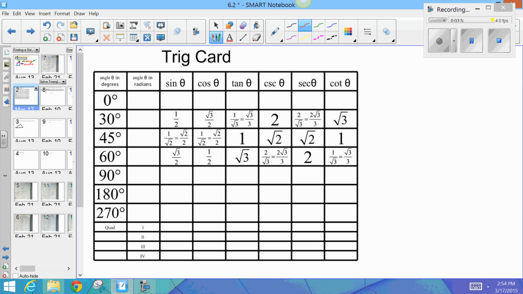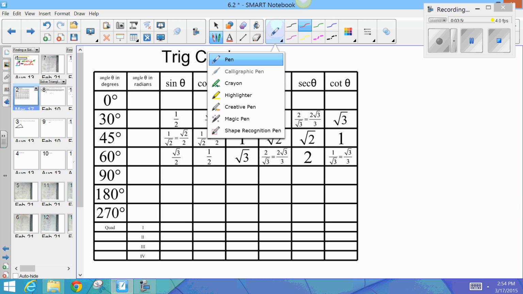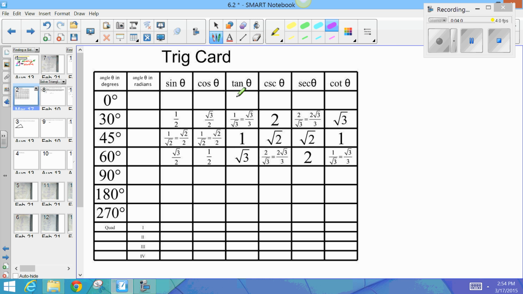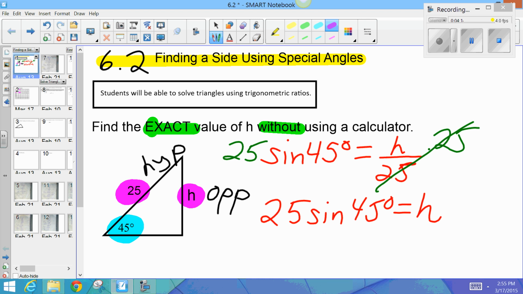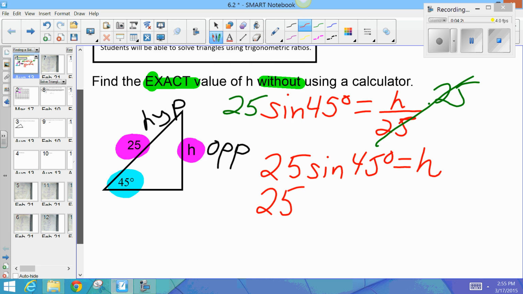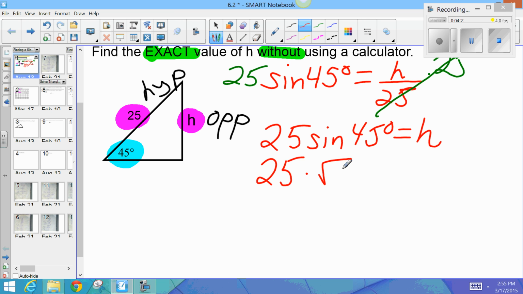So anyway, now we're looking at our trig card, and I am looking for the sine of 45 degrees. So we've got 45 and sine, which gives us the square root of 2 over 2. All right, so back to that screen. I've got 25 times the square root of 2 over 2.